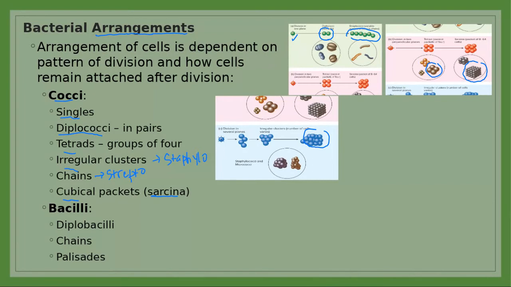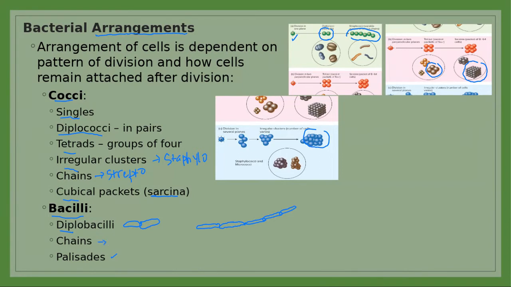And then the same thing with the bacillus bacteria, maybe diplobacillus, which is two rod bacteria, or maybe streptobacillus, which has a long chain of bacillus bacteria, or palisade.